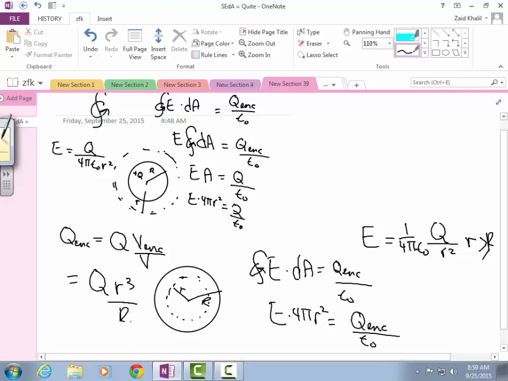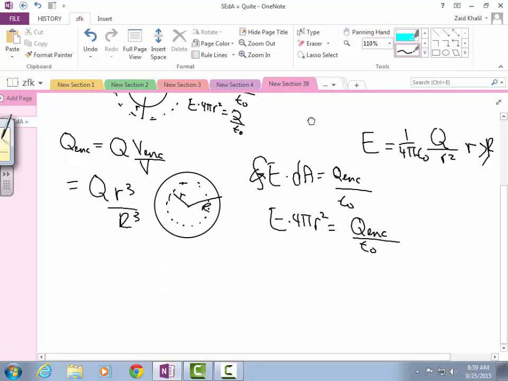Everything else cancels, because all the 4/3 pi cancels. So what we end up with is E times 4 pi r squared is equal to Q times little r cubed over epsilon naught big R cubed. And what do we end up with? E equals?